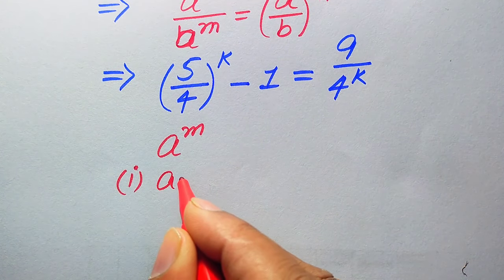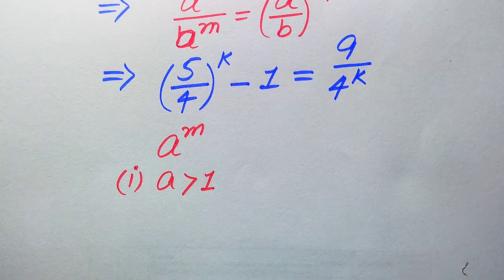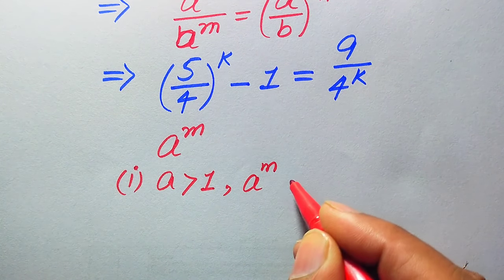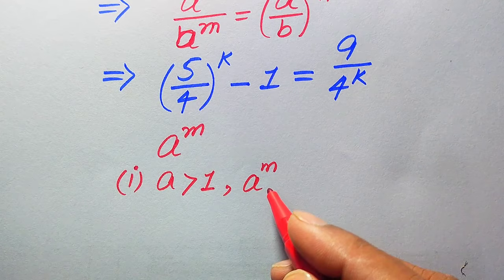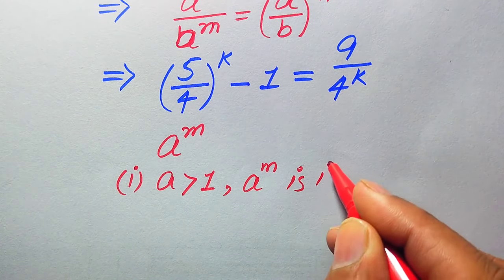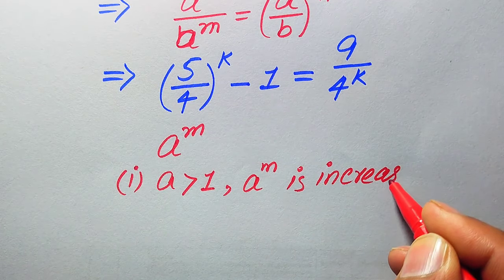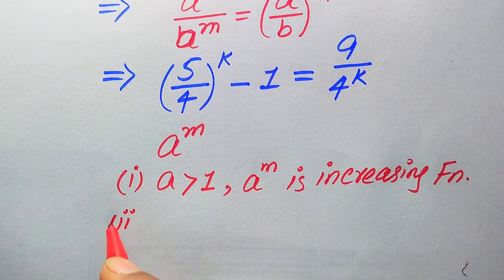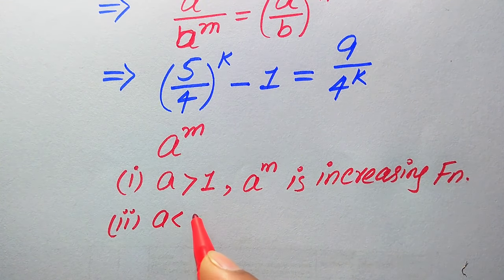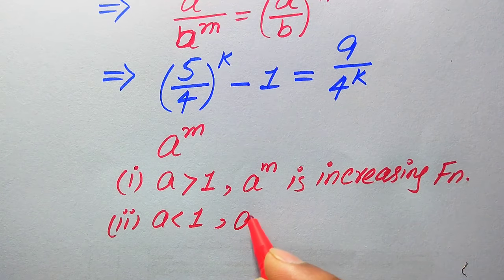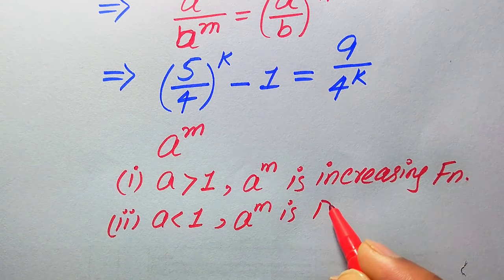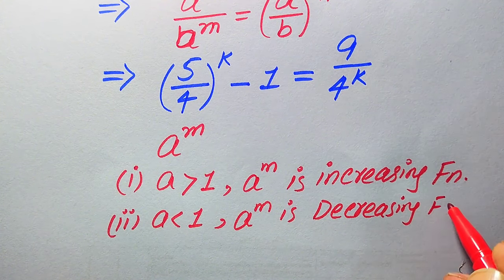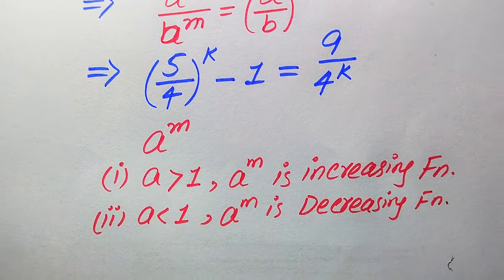If the base a is greater than 1, then a to the power of m is an increasing function. If a is less than 1, then a to the power of m is a decreasing function. This is a very nice rule which helps to solve the problem.